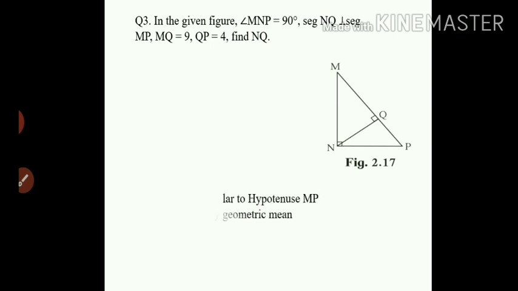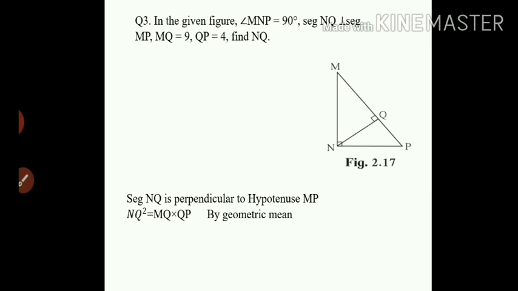So see the diagram. You can see clearly angle N is 90 degrees. From angle N, a perpendicular is drawn, that is NQ is perpendicular to MP, which is the hypotenuse. This statement is very important. So here we can use the property of geometric mean.